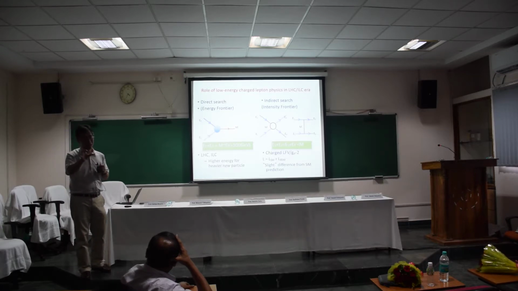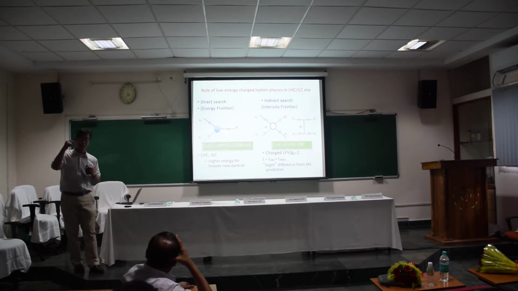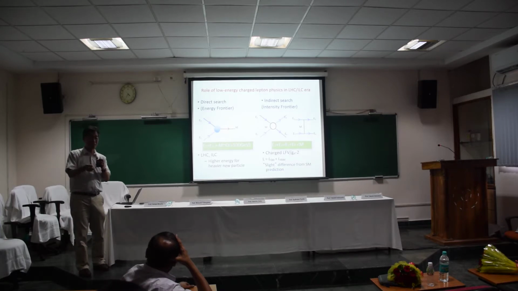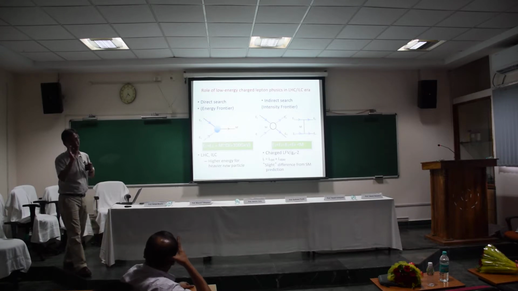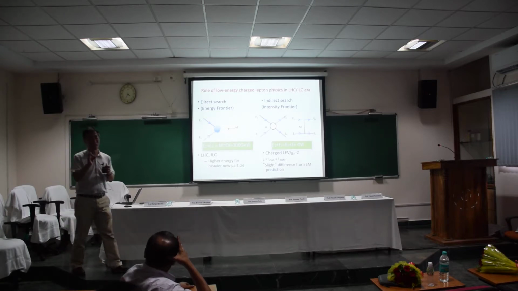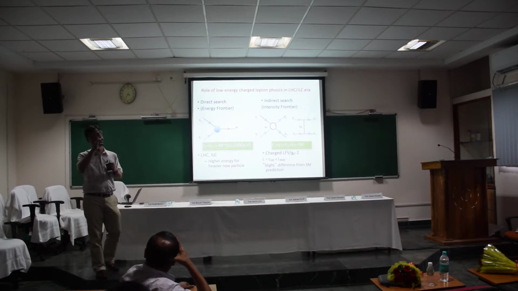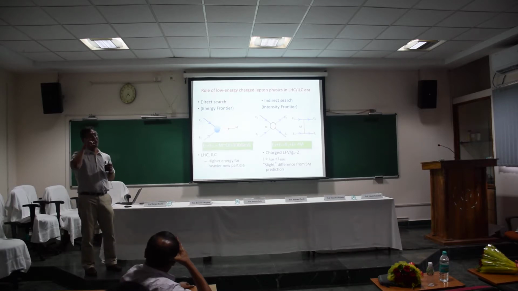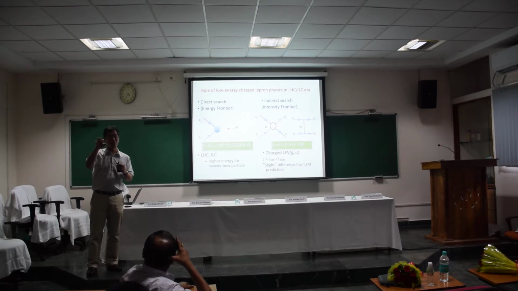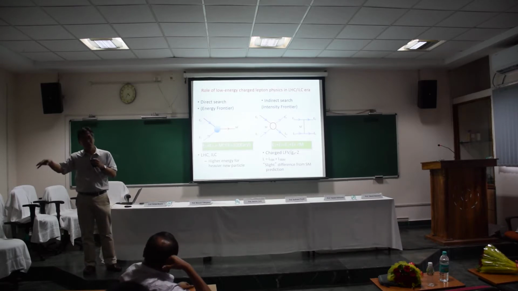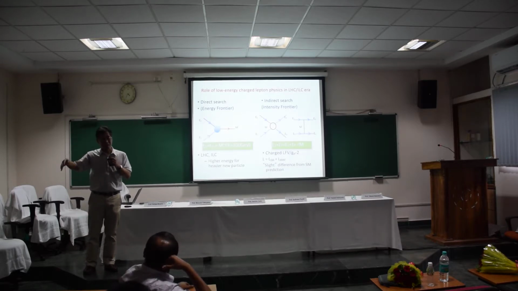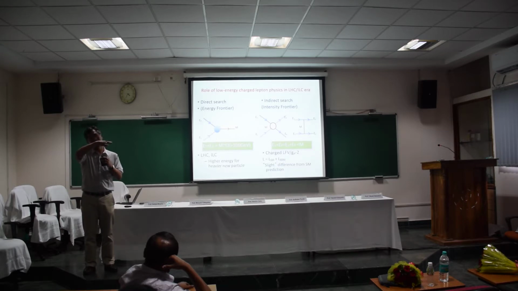As you say, sterile neutrino itself cannot be detected. So there are two types of sterile neutrino search experiment: one is disappearance and the other is appearance. Disappearance is when a normal type of neutrino changes to sterile neutrino, it can never be detected, and that will appear as the number of neutrinos disappearing somewhere.